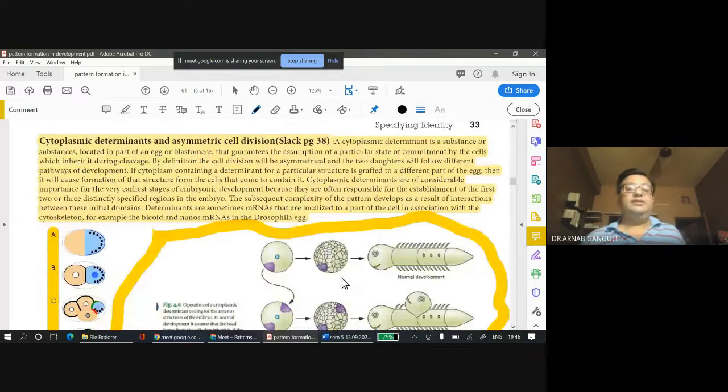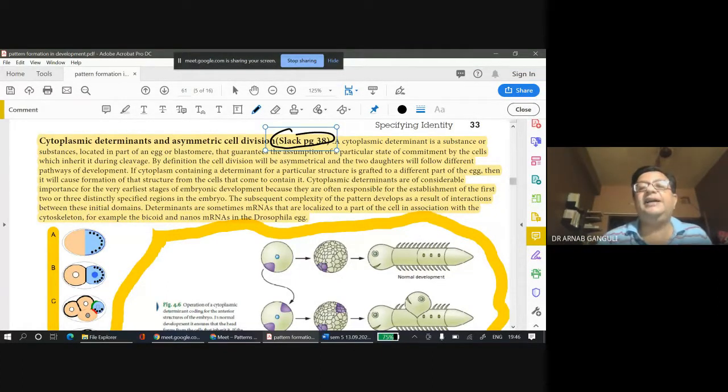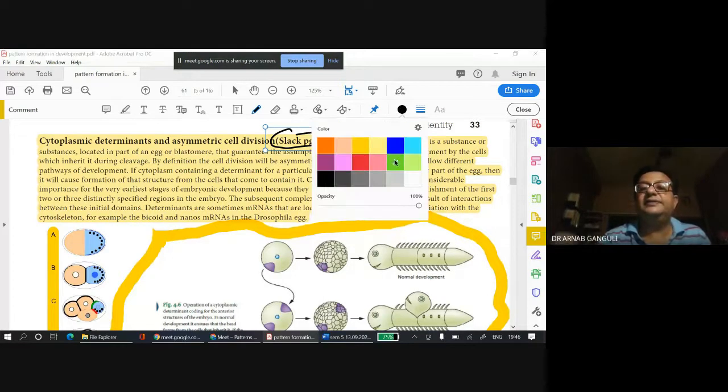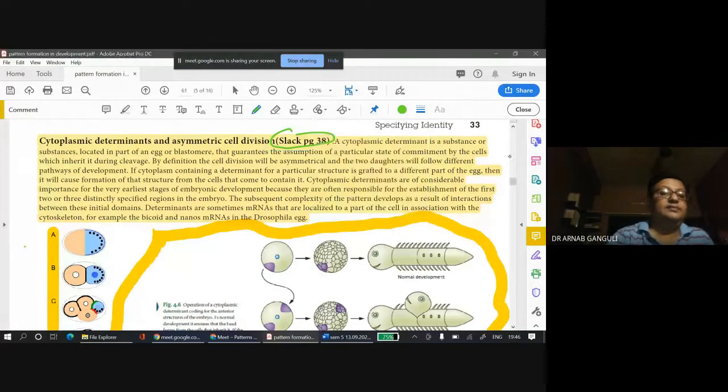Next thing which I will do, this is the part where I had played God on top of Gilbert's book. I've taken something from another famous book known as Slack. So, what is a cytoplasmic determinant? A cytoplasmic determinant is a substance located in a part of an egg or blastomere that guarantees the assumption of a particular state of commitment by the cell which inherited it during cleavage.